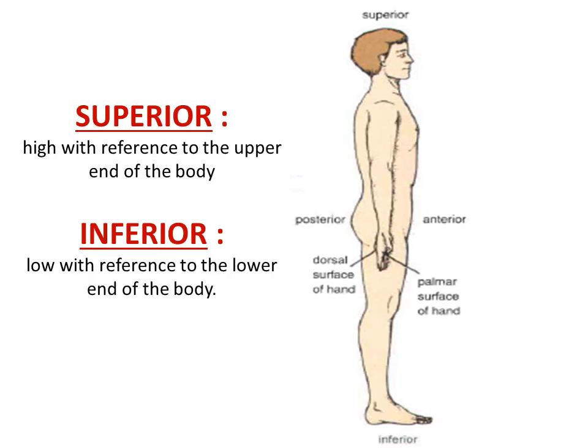Superior and inferior. Superior means the upper end of the body. Inferior, the lower end of the body. You can see the man: superior in the upper, inferior in the lower. Medial and lateral. Medial means toward the median sagittal plane, the midline of the body.